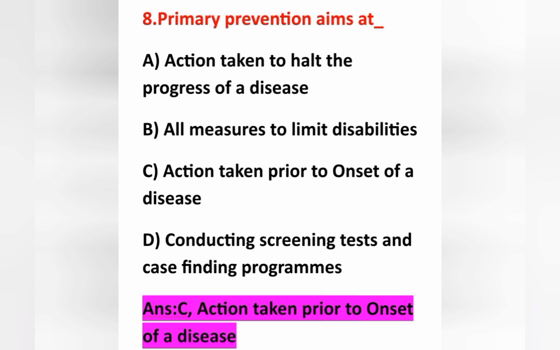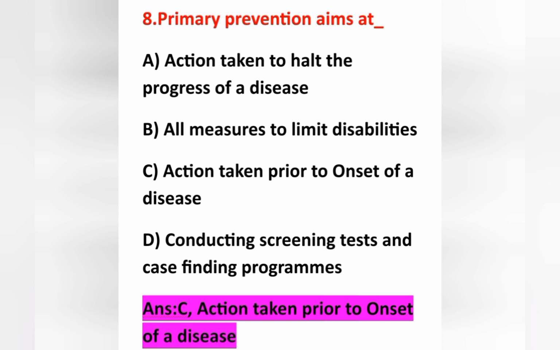Primary prevention means action taken prior to onset of disease. For example, general health promotion and specific protection. General health promotion like health education, lifestyle and behavioral changes, and specific protection methods like vitamin A, iron and folic acid supplementation, immunization, and use of condom in order to prevent HIV and sexually transmitted diseases, and specific protection against occupational health hazards.